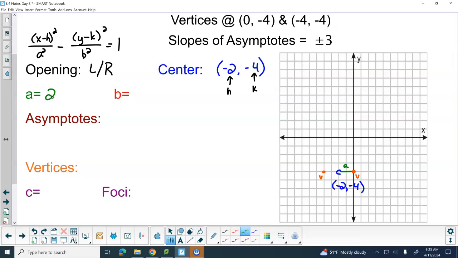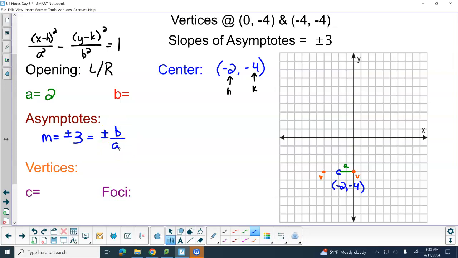Okay? The next line says that the slope of the asymptotes was plus or minus 3. Now, if memory serves me right, that was equal to plus or minus b over a. Correct?